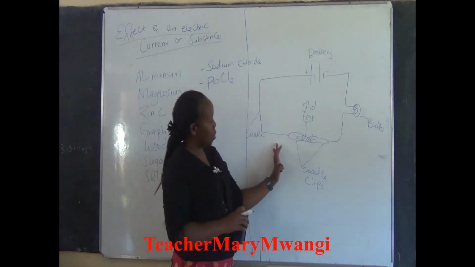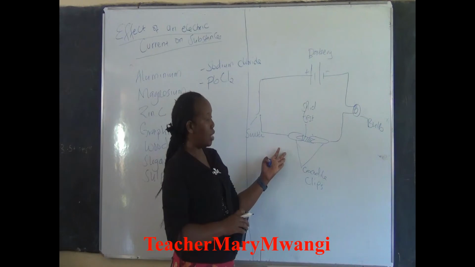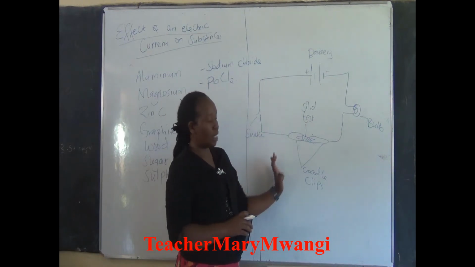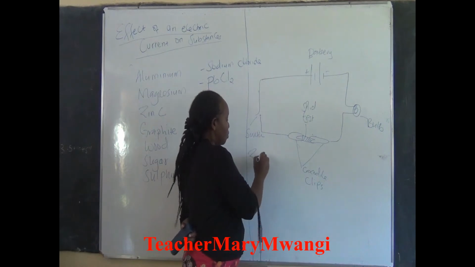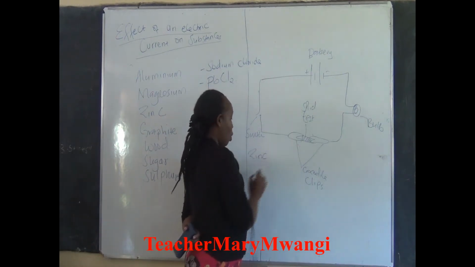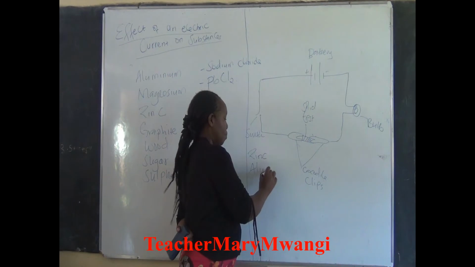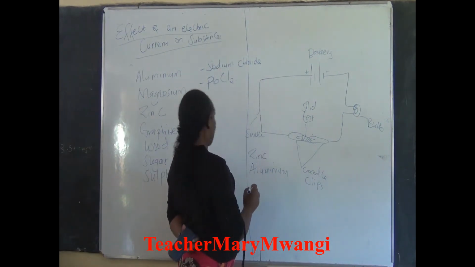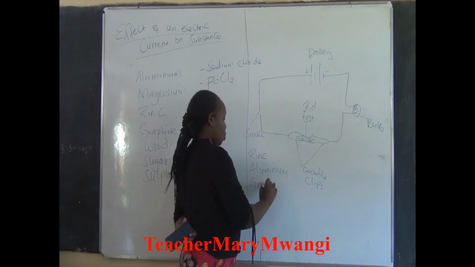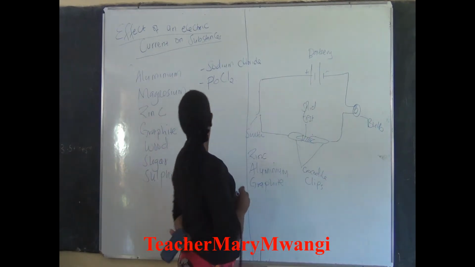And since this is a theory lesson, when you do it practically, we will discover that when we put zinc, the bulb will light. When we also put aluminium, the bulb will also light. When we put graphite, the bulb will light.